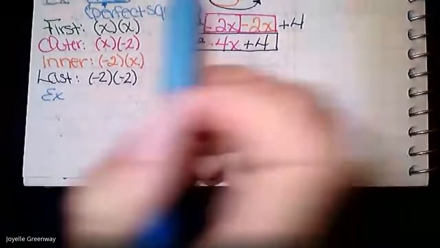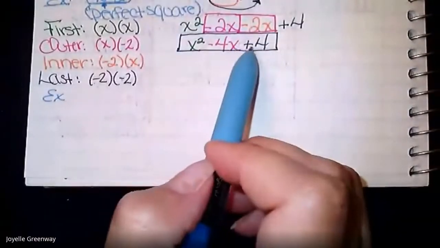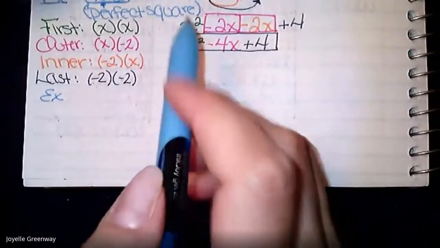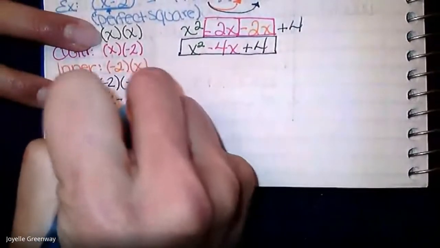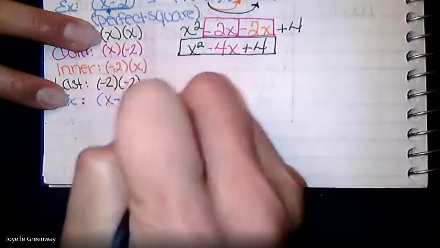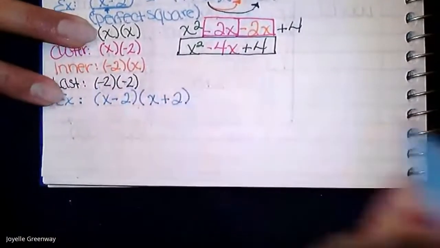Some of you might ask me, when would we not have 3 terms in our answer? And this is when. If we had x minus 2 times x plus 2.